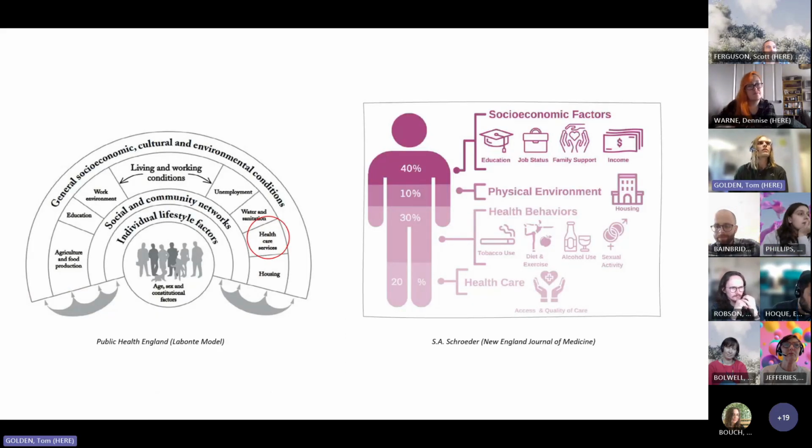So first, just a brief introduction to some of the things that are important to know when thinking about health inequity. There's been lots of research looking at the factors that contribute to a person's health, with healthcare making up just a fraction. The Health Foundation estimating that healthcare only accounts for around 10% of this.